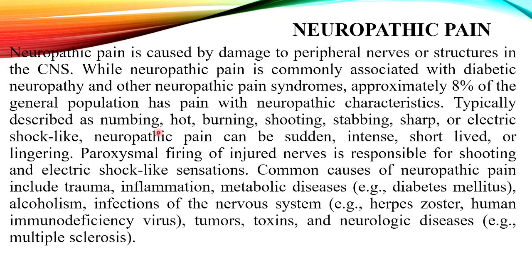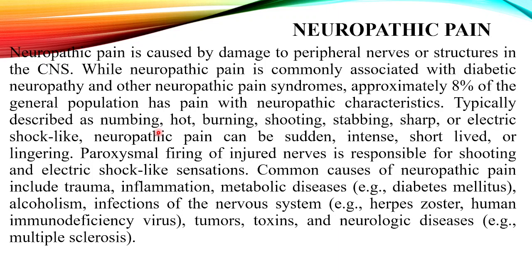So, neuropathic pain is nerve pain that can happen if your nervous system malfunctions or gets damaged. You can feel pain from any of the various levels of your nervous system, peripheral nervous system or central nervous system.